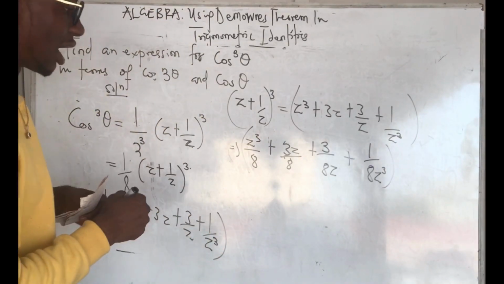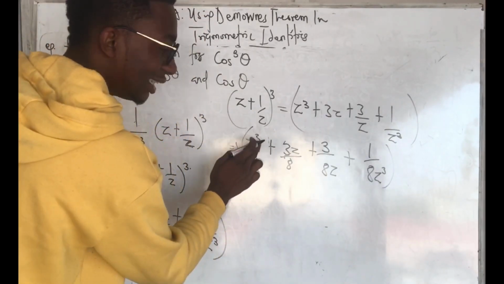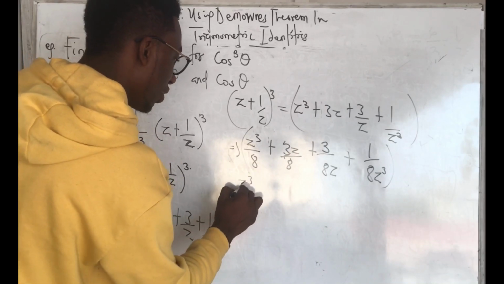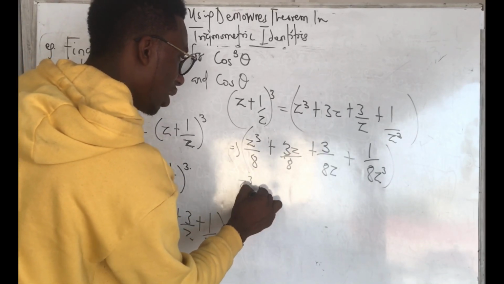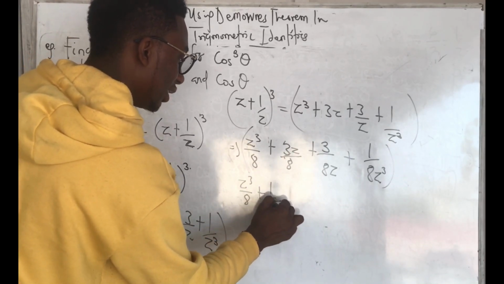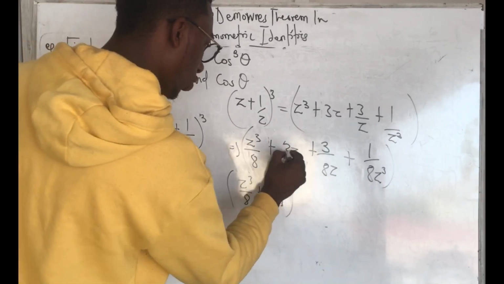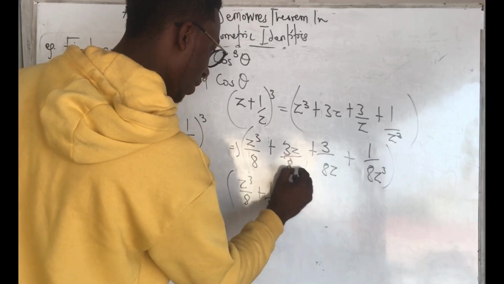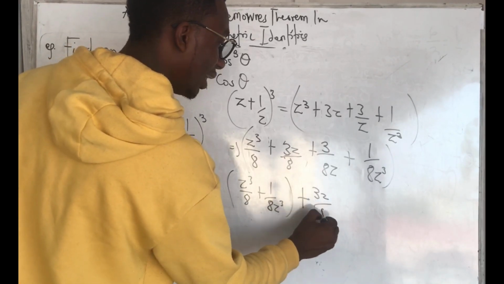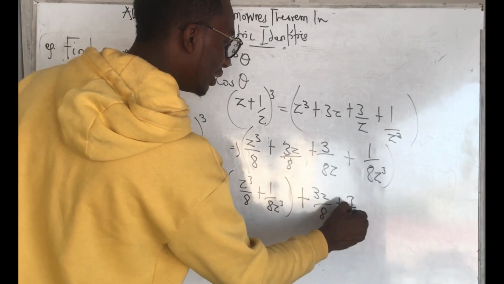So now we can group the z cube part, which becomes z cube over 8 plus 1 over 8z cube. And we also group the other part, 3z over 8 plus 3 over 8z.